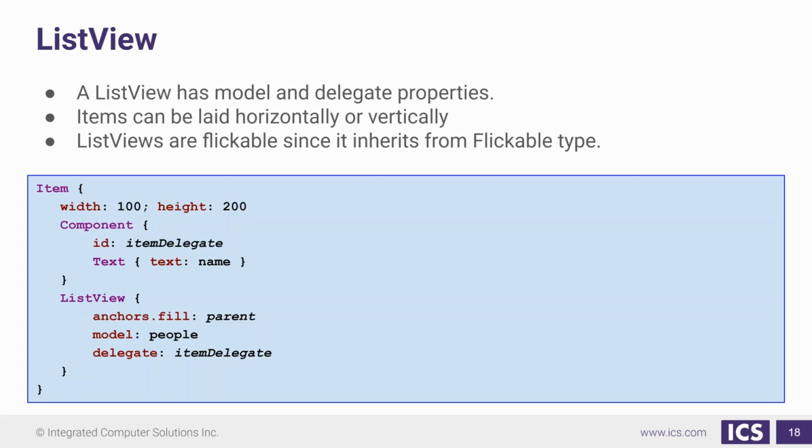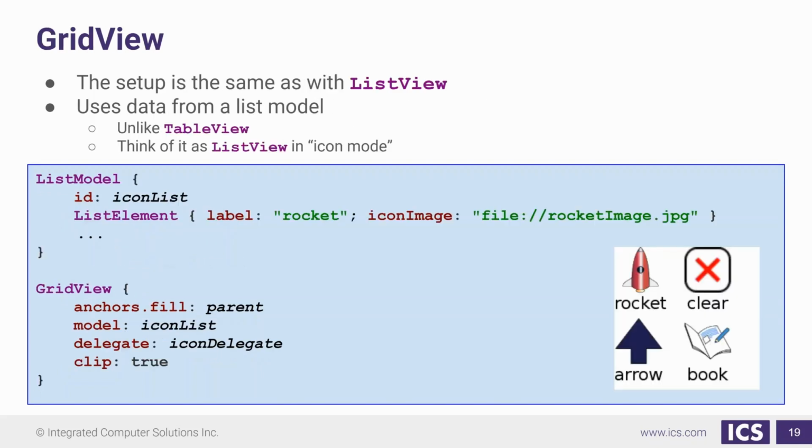Now, the list view, again, as it suggests, is just a list. And it can be laid out either horizontally or vertically. The default value of its orientation property is vertical, but we could change that to horizontal if you set the orientation.